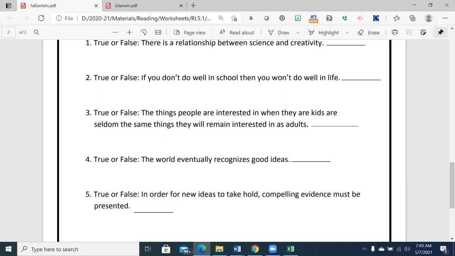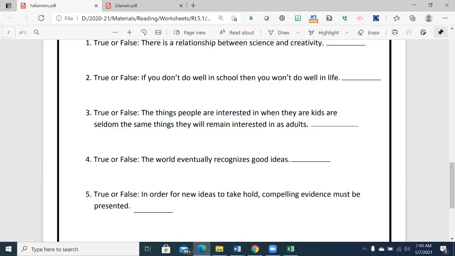Number four, true or false, the world eventually recognizes good ideas. You put true or false, what you think. And I would probably say true with a weakness on this true. Some good ideas are not seen for a very, very long time, and some are noticed instantaneously.